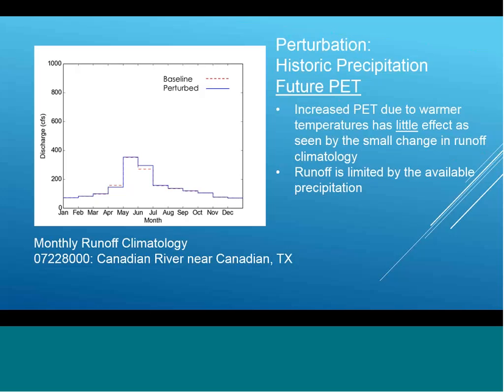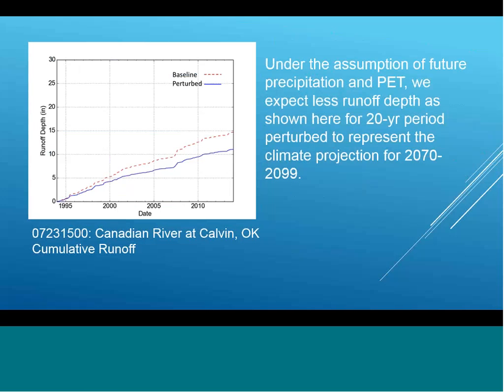Next slide. This is showing the same thing in a little different way, as a cumulative runoff plot, with depth in inches expressed as a watershed depth. If we took all the volume that ran off in a given year, this is again right above Lake Eufaula, you can see the baseline and perturbed, under the assumption of future precipitation and PET, so both, although it would be very similar to what you get with just perturbed precipitation.